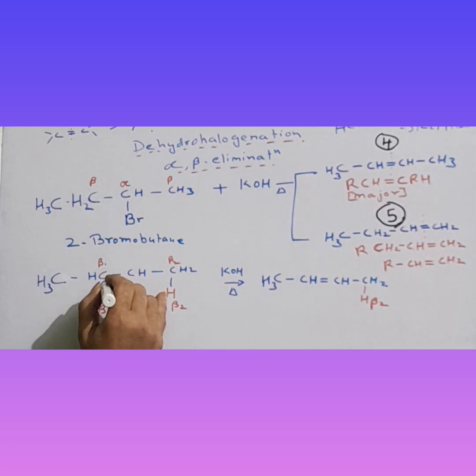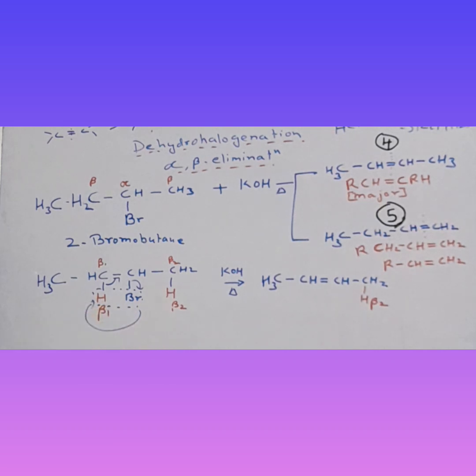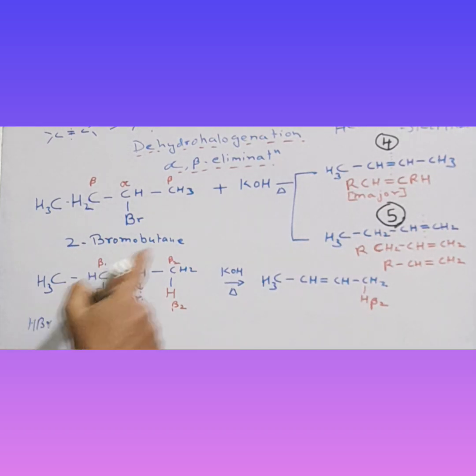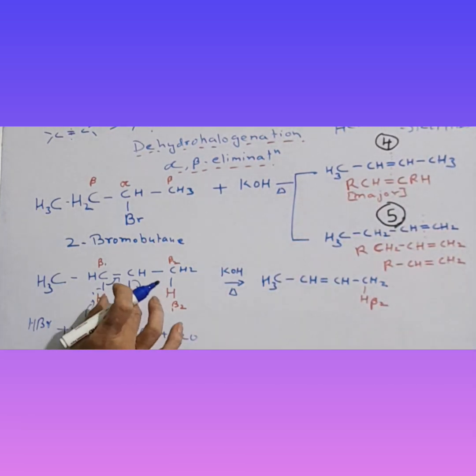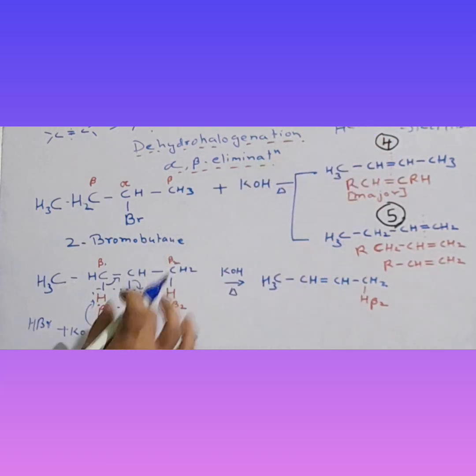The bond of this H falls over here, Br takes the bond, and then Br combines with this H, forming HBr. And this is all happening because of KOH. KOH wants to react with it to form KBr and water. We are not showing it over here, but obviously KBr and water do form. So HBr, just assume this type of acid-base reaction.